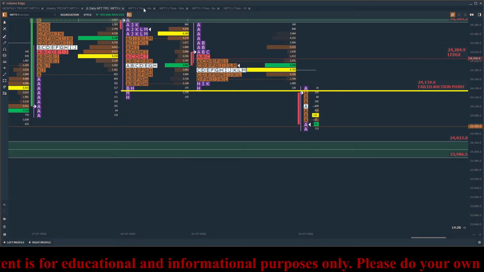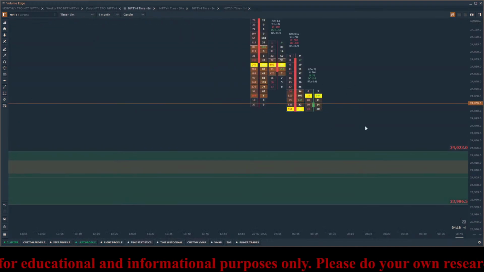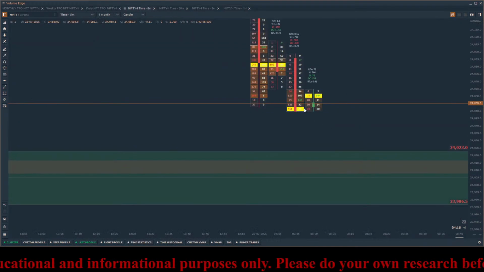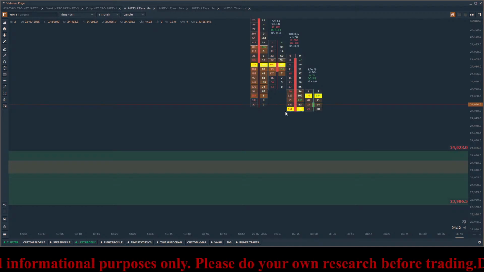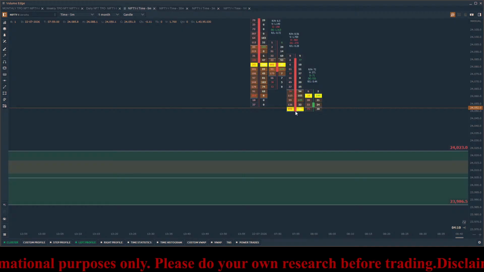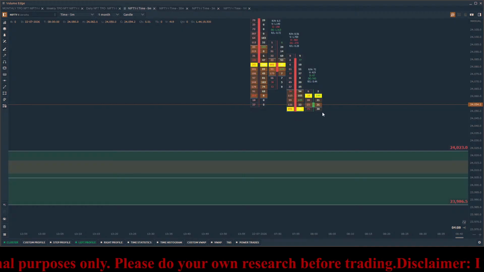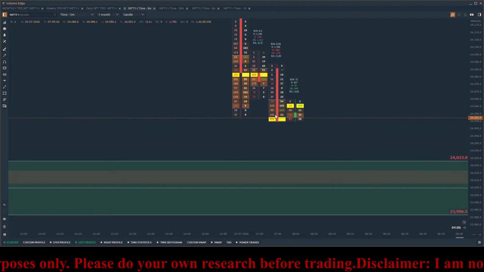Wait for some time. We are traders, so the POC has been shifted here. You can see the POC is here. The market stays here, so let's wait and watch this level in order flow.